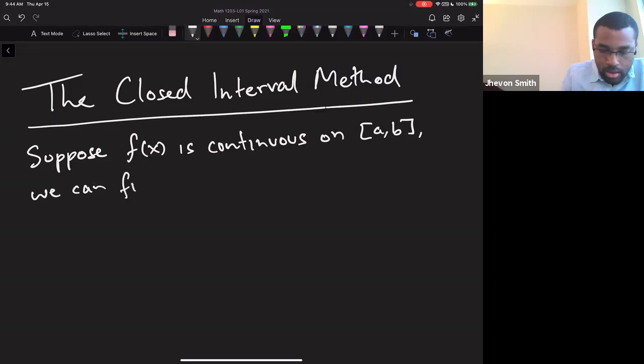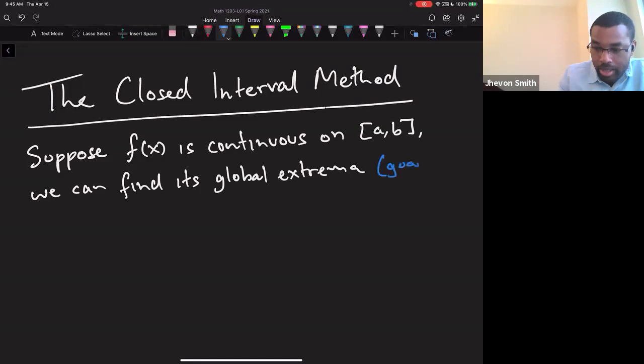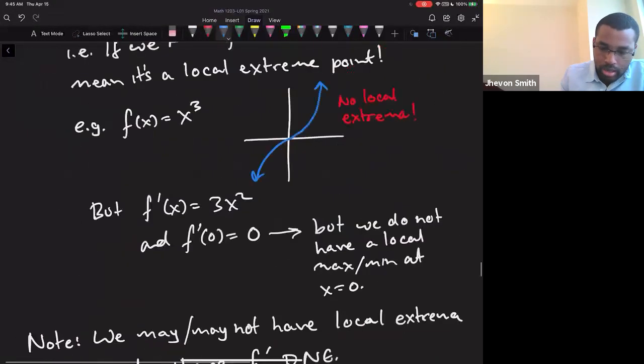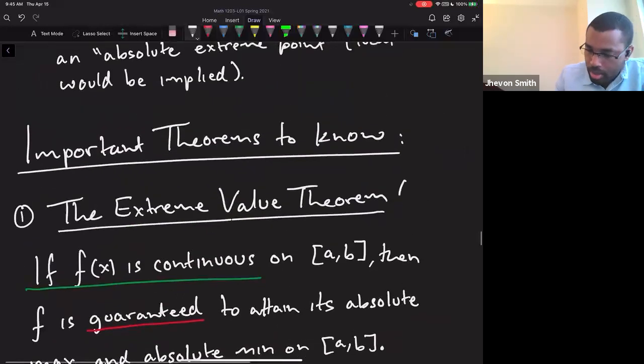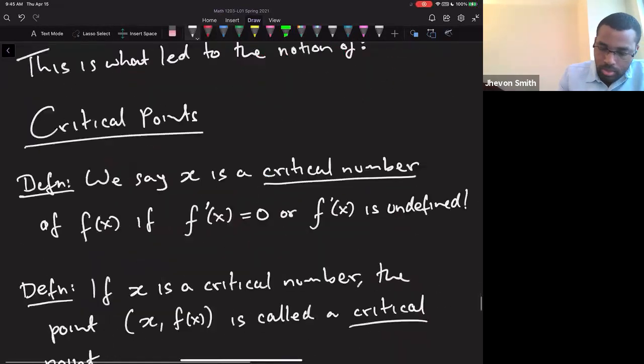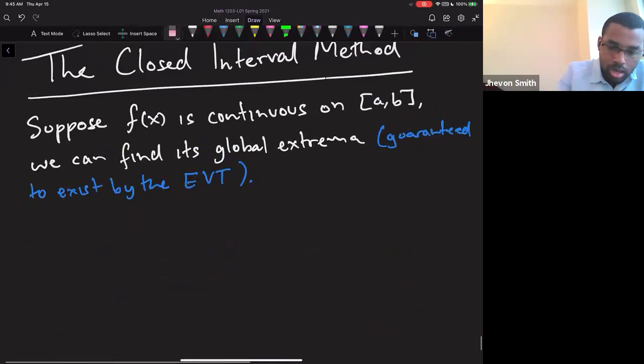We can find its global extrema. By the way, remember, these are guaranteed to exist by the extreme value theorem, EVT.